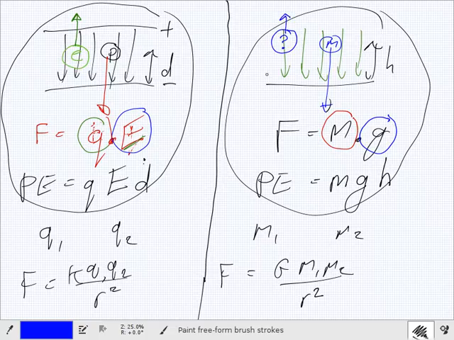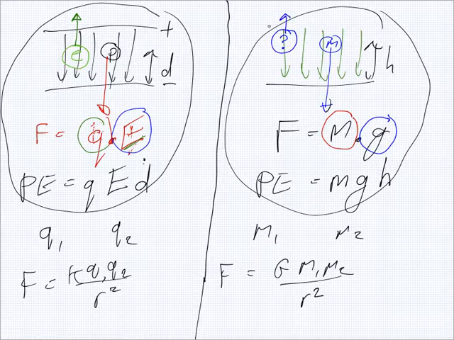No. So this is the big difference between the two. Here you can have a positive charge and a negative charge. Here you can have only a positive mass. Can you have a negative mass? No. Be cool if you could, but we don't have negative masses.